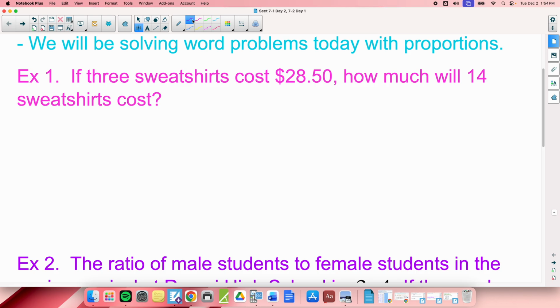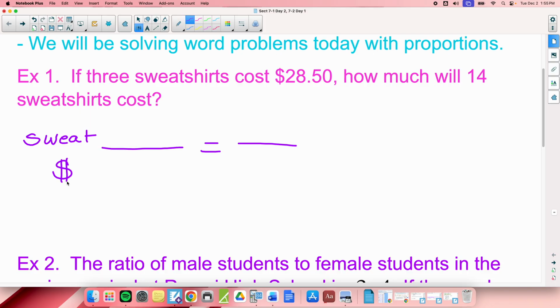I do agree that there's other ways to solve these questions, especially this first one. I think a lot of you would not use a proportion for it, but with how I'm gonna show you, and because the chapter deals a lot with proportions, we're gonna use that. So this is talking about number of sweatshirts and how much it costs, okay?